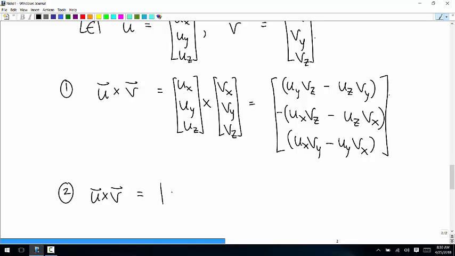But you can also think of it as the magnitude of u times the magnitude of v times the sine of the angle between them. And then the direction, that's the magnitude of the vector. So we need a direction, and the direction is according to the right-hand rule.